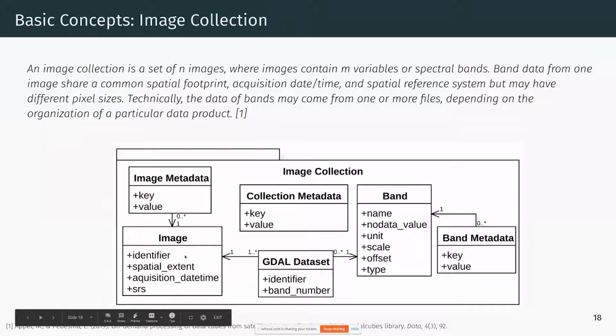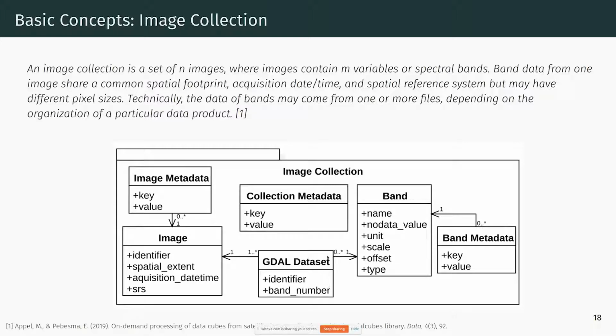But one image may be composed from several GDAL data sets or files. And that is mostly the case, for example, for Landsat and Sentinel imagery, where you have one GeoTIFF or JPEG 2000 file per spectral band. So one image consists of several GDAL data sets.